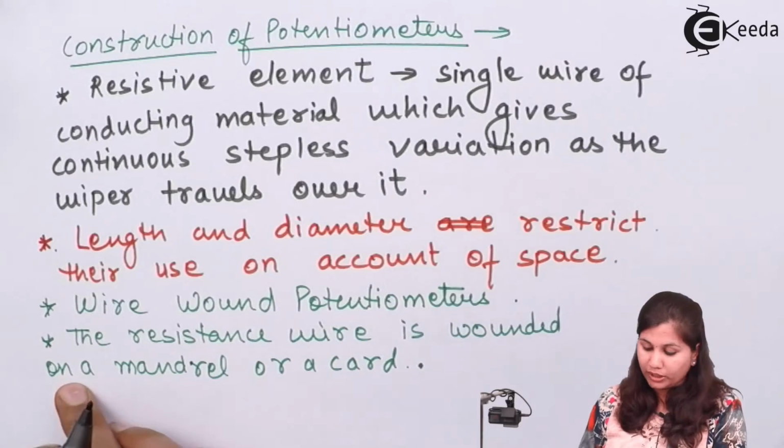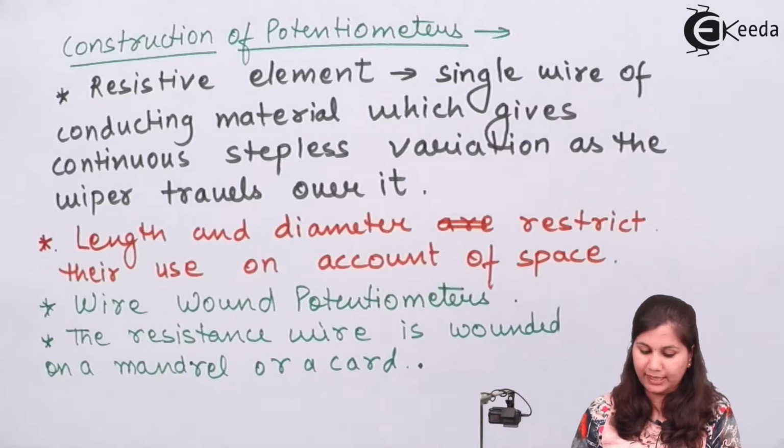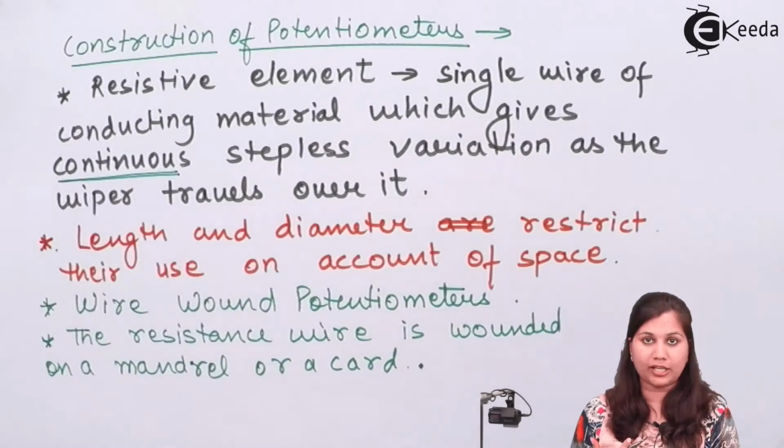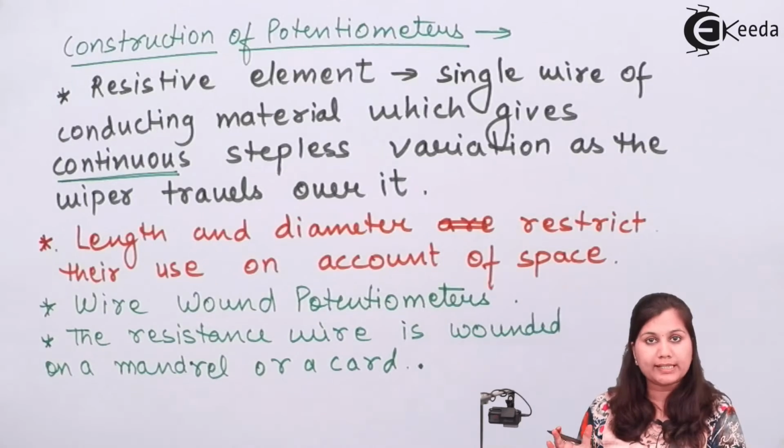Okay, so what is the advantage of these wire wound potentiometers? The variation of the resistance is not only continuous, not only a linear continuous change, but it is also in small steps.